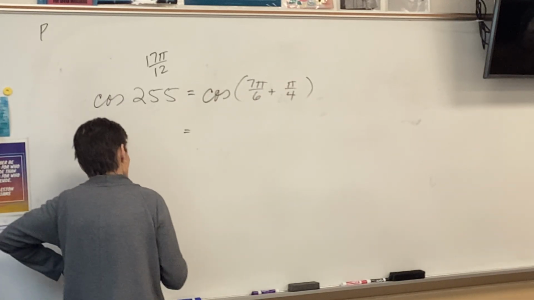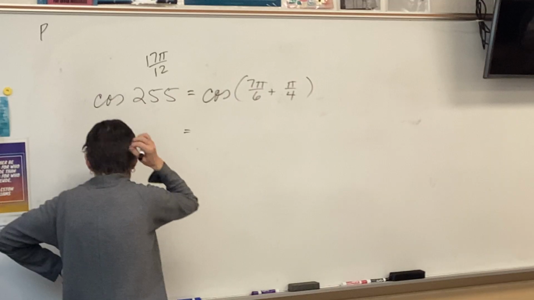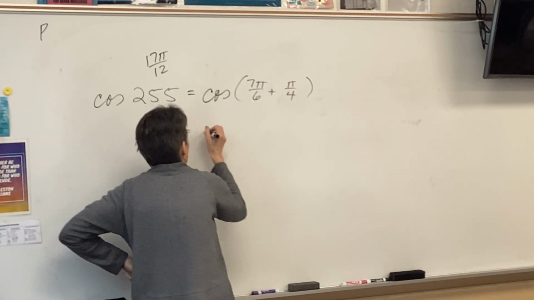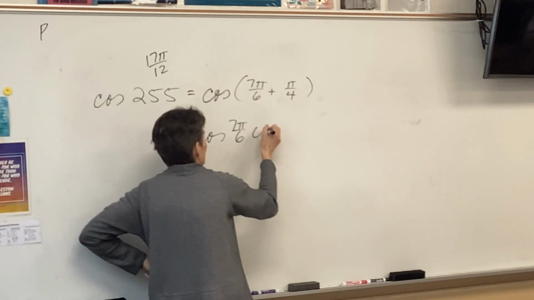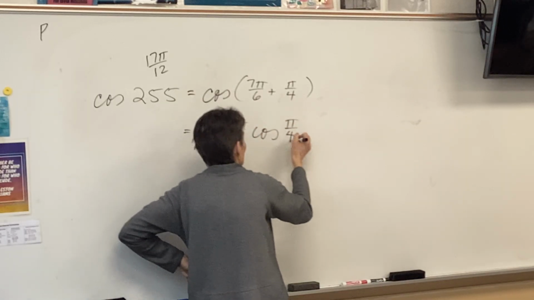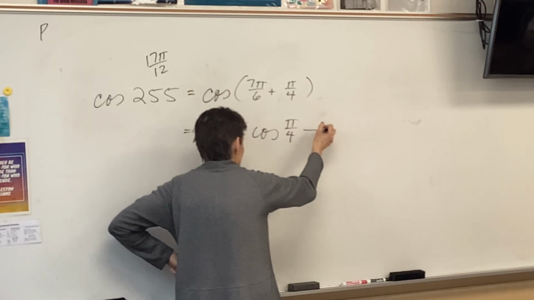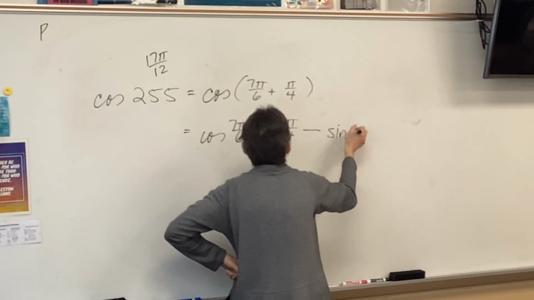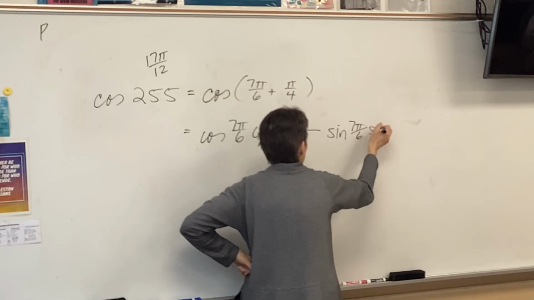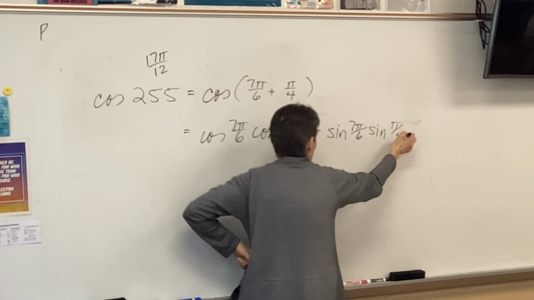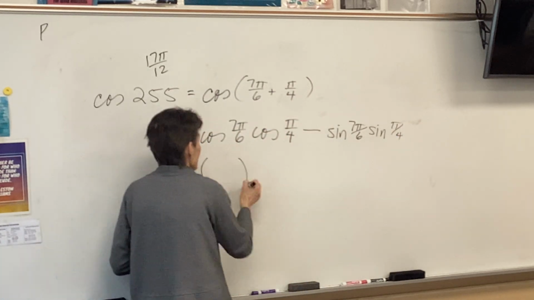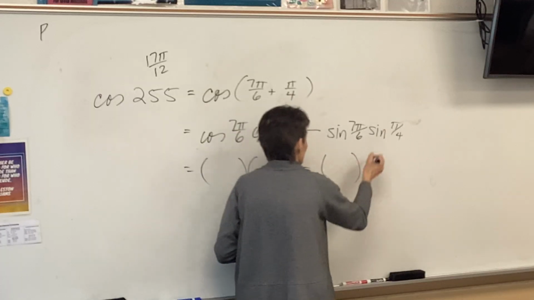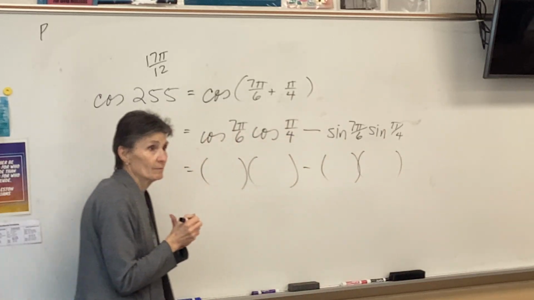What's our formula for the cosine of an angle plus an angle? Cosine of the first, cosine of the second, minus sine of the first, sine of the second. Now what makes this one a little bit trickier than the last one is that some of your values are going to be negative.